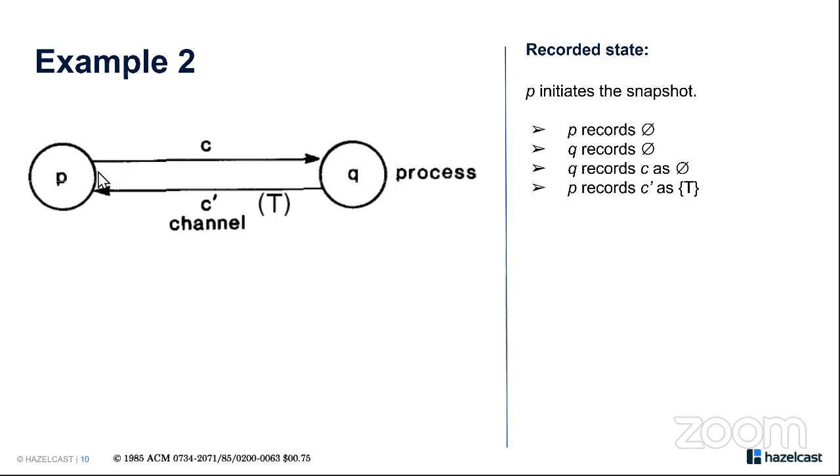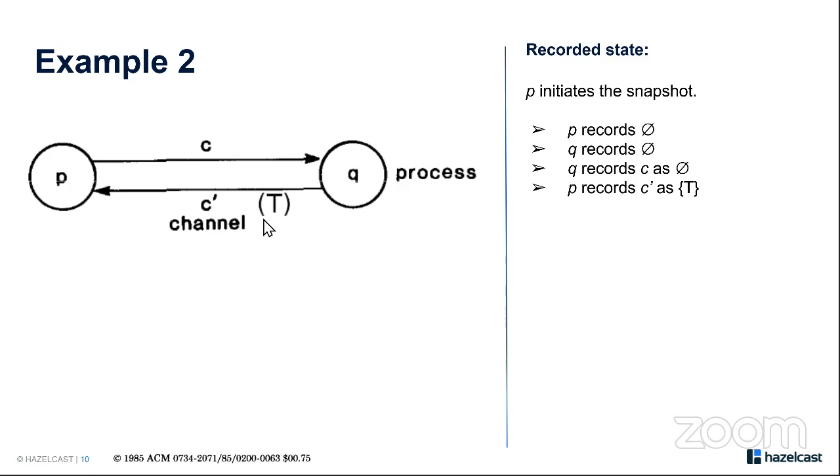Since P started recording the messages from C dash when it recorded its state, it received the item T during that time, and it will store it as the state of channel C dash.